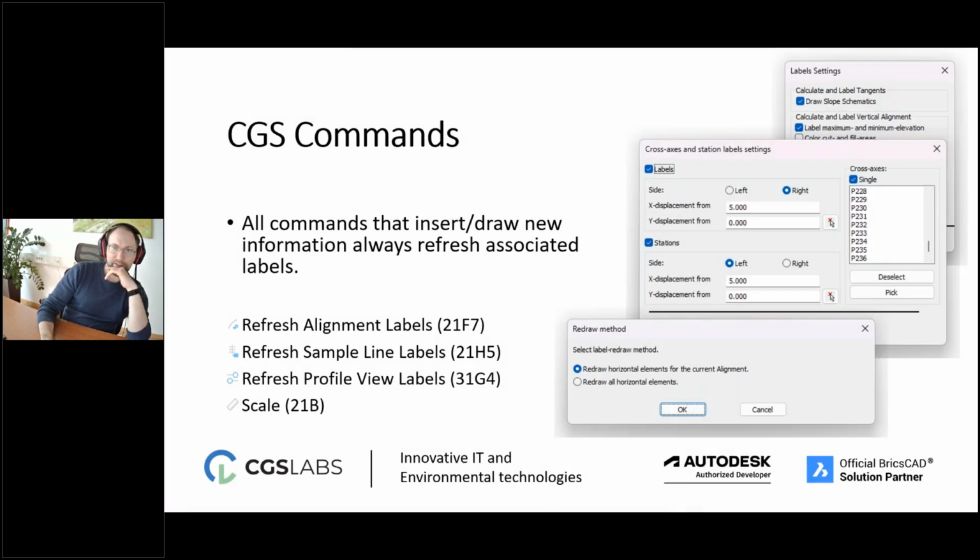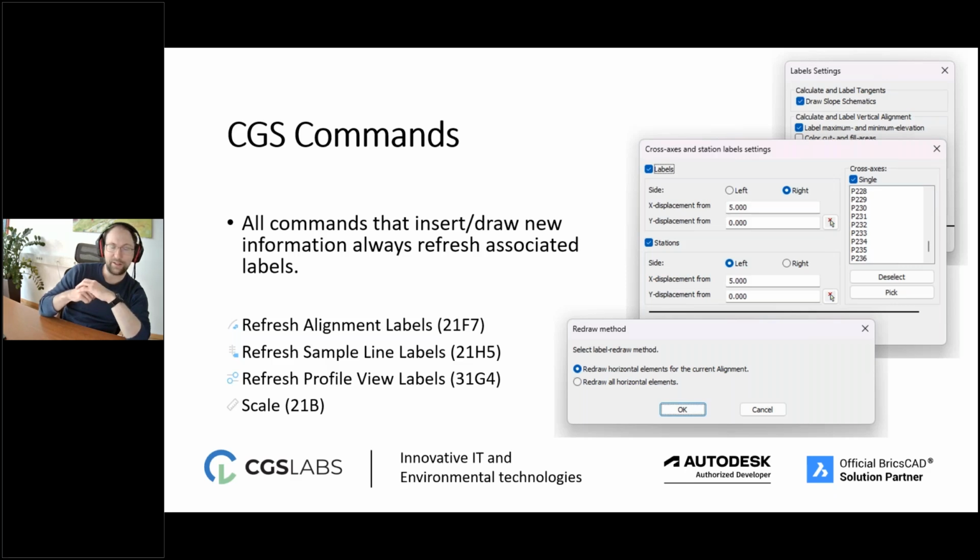And then the next part are CGS commands, of course. We have a few different options to refresh the labels. Actually all commands that draw the labels also refresh them.